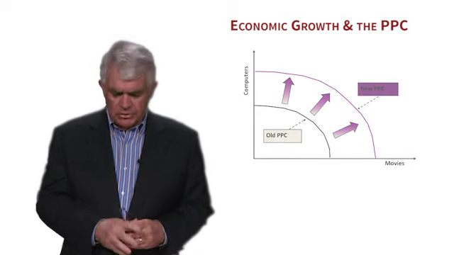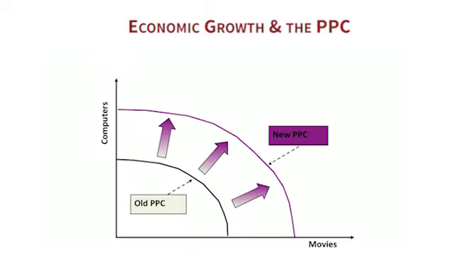If you, on the other hand, choose a point where you're doing a lot more computers and relatively few movies, then you move out a lot more. Over here, you don't move out very much. And that really emphasizes the importance of investment versus consumption in the economy. So there's a lot you can do with this curve.